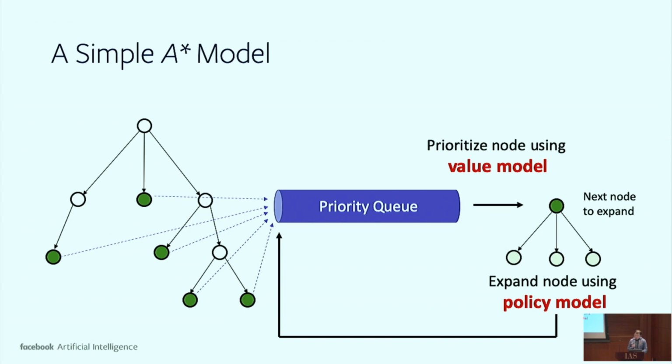We still keep the tree, but instead of having visitation counts on every node, we put all the nodes that haven't been explored into a priority queue. Every time we expand a node, we use a value model to find which node we want to expand. Second, after we decide which node to expand, we use a policy model to decide in which order to expand its children. And we do this repeatedly.